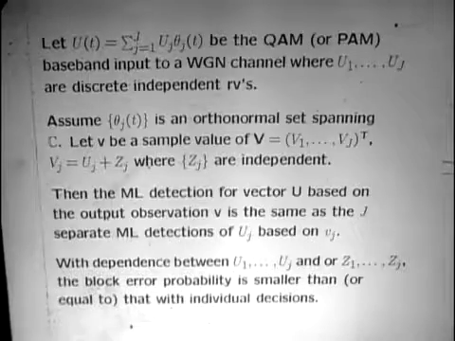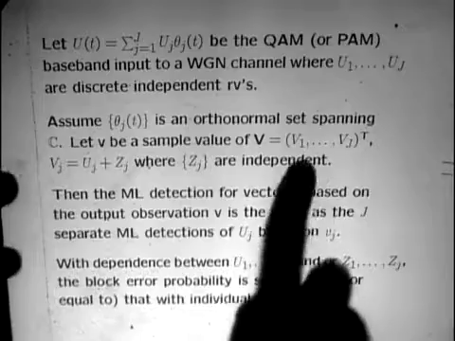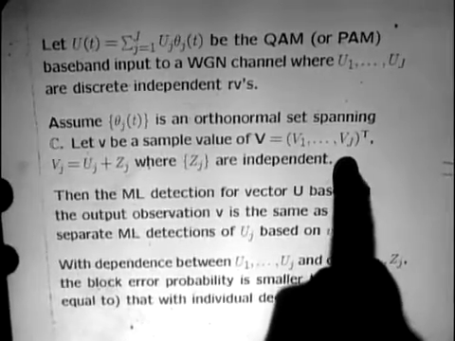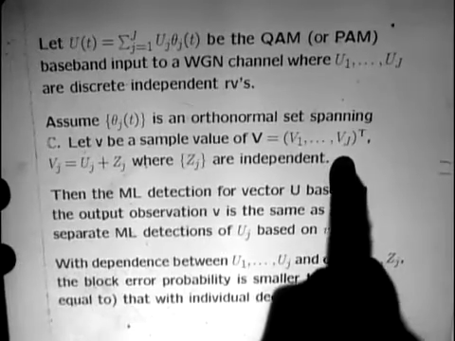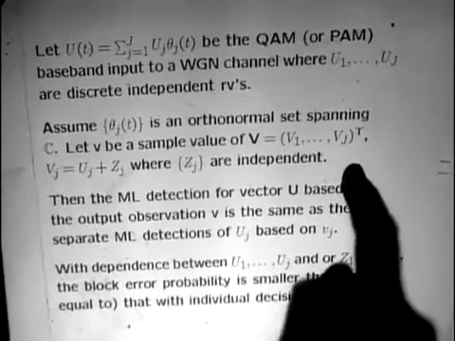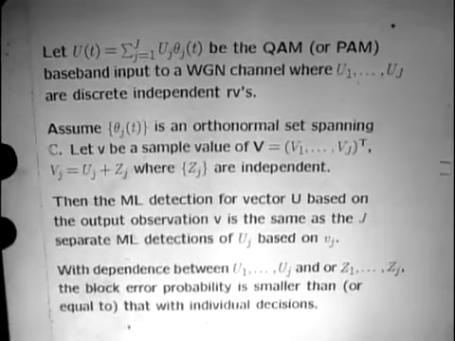I'm going to let V be a sample of this output vector, v1 to v sub j, and you see I use the theorem of irrelevance here because I don't care about anything beyond v sub j, because all those other things are irrelevant. So I only look at v1 to v sub j.